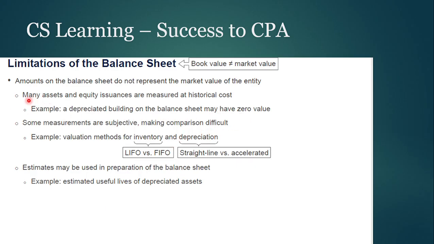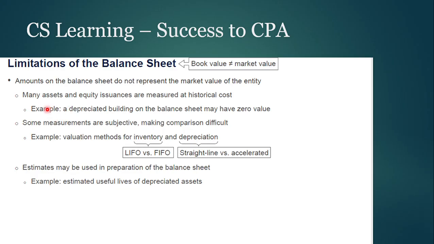As it is mentioned here, many assets and equity issuances are measured at historical cost. For example, a depreciated building on the balance sheet may have zero value. Say you purchased a building in 2020, and within 5 years, by using a depreciation method, you have depreciated the whole building, but the building's value is still there.